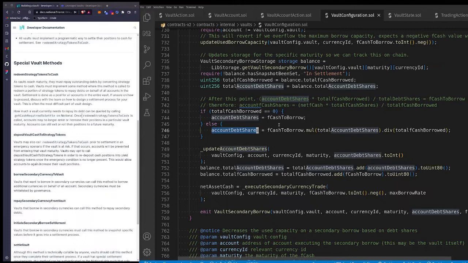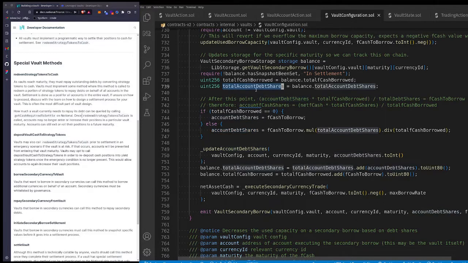So marking what an account has borrowed at its notional value on the account is going to be inaccurate if that debt will be repaid in a pooled nature as the account reaches settlement.